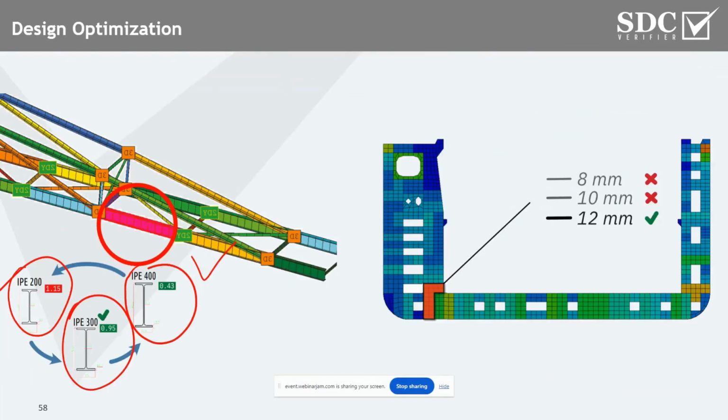And the software will determine the most optimal solution for you, and you can automatically replace it in the model as well. Exactly the same thing can be done for the plate buckling, for weld dimensions when checking capacity of the weld. So these things can be fine-tuned pretty effectively.